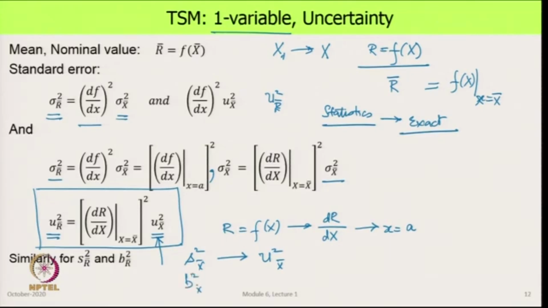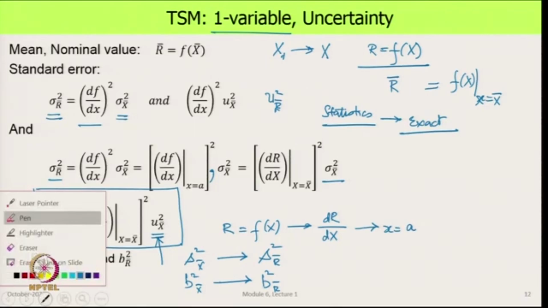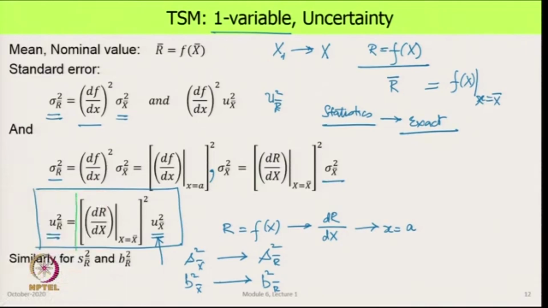And if we use b x bar square, the systematic standard uncertainty, this will give us b r bar square, same formula, which means that in all these cases this parameter that we have been multiplying with has a fixed value which we got from this calculation. So, that is one of the features that has come out of this discussion.